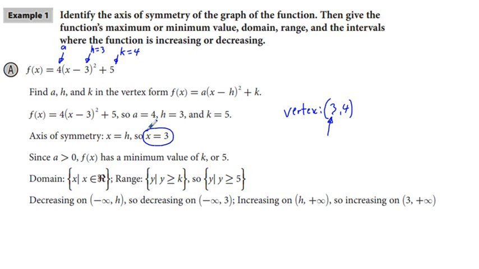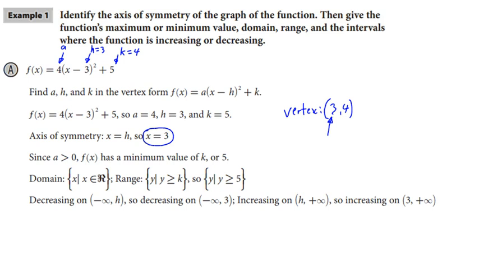Now, the axis of symmetry is not 3, it's x equals 3. Since a is greater than 0, f of x has a minimum value of k. So we're going to be going upward from that y value. And we have a domain and range, all this in set notation, and then decreasing on our interval notation. So decreasing from x is greater than negative infinity to 3, and increasing from h to positive infinity.